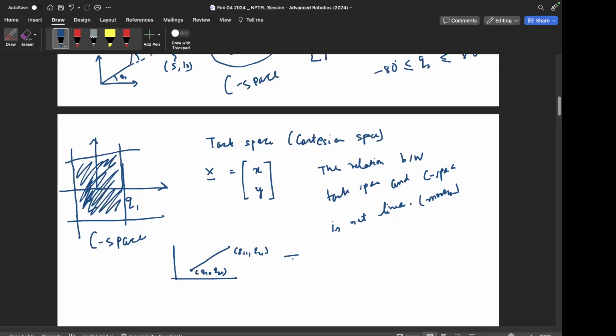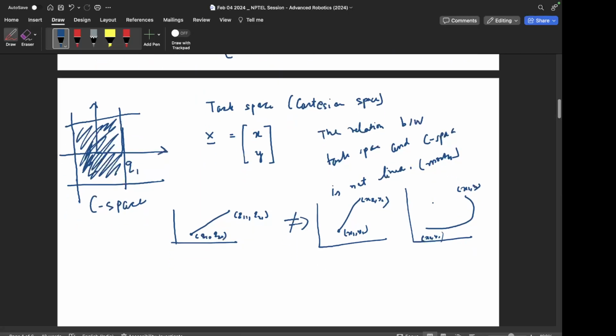Then this does not imply that in the task space it goes linearly from x1 y1 to x2 y2. Generally it traverses a non-linear path, right? So this is a point that has to be kept in mind, that the mapping between configuration space and task space is not linear, and as we will see, we will find the mathematical expressions that will show why this transformation is not linear, right?